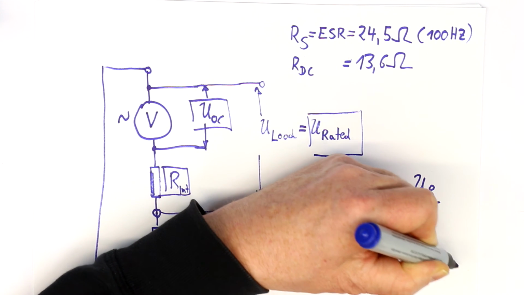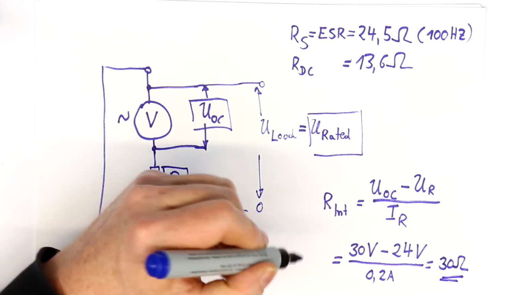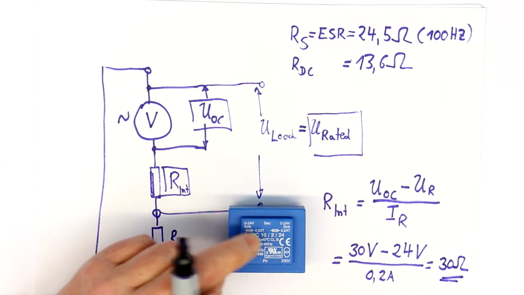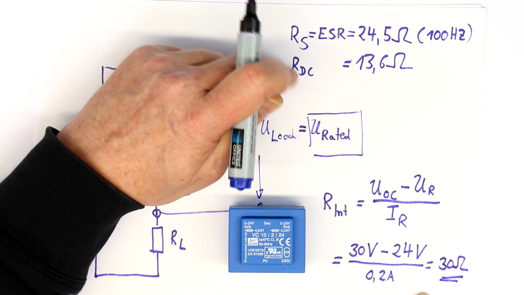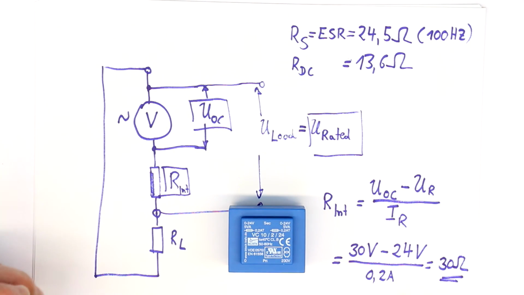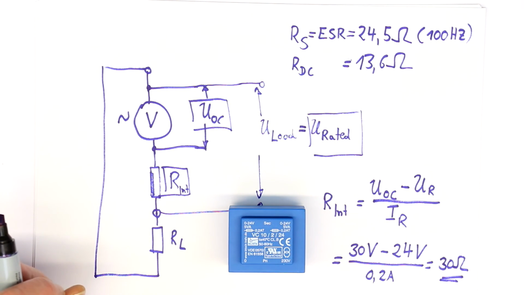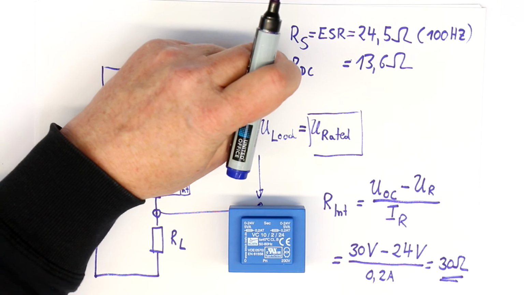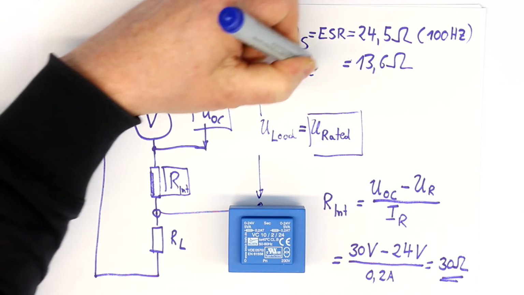Excuse me, it's better to have a calculator. 30 ohms. So for this transformer, where we already measured the DC resistance and the equivalent series resistance, we get 30 ohms, which is quite near to 24.5 ohms. So you should not be trapped into using the measured DC resistance for further calculations.